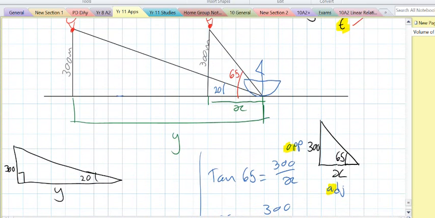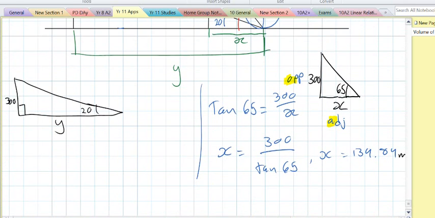So these two little triangles I've drawn below are simply taking out the two triangles from above. And again, we have the opposite and the adjacent, meaning we will use tan.